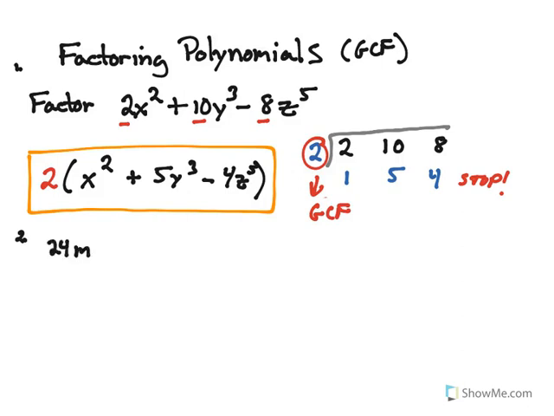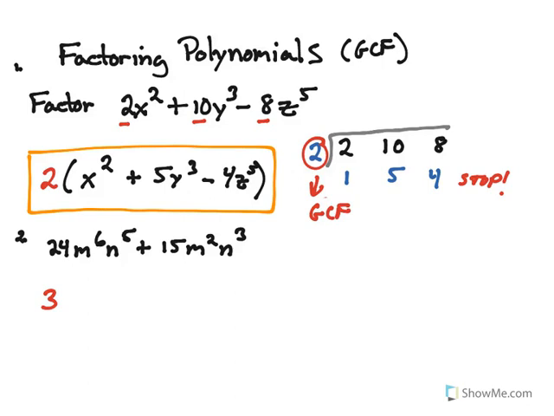24 m to the 6th power n to the 5th power plus 15 m squared n cubed. All right, so again, we found the GCF. We're going to find the GCF between 24 and 15. So again, that's going to be 3. Okay, so when we factor that 3 out, that goes there.